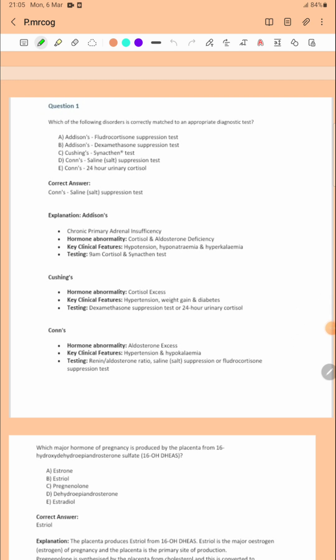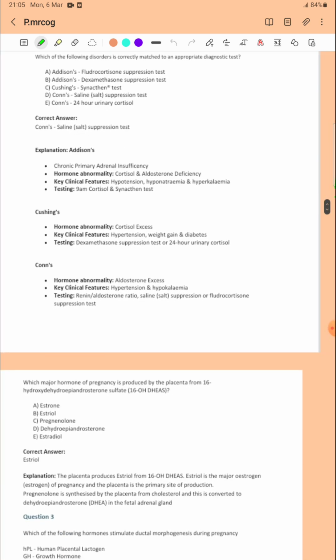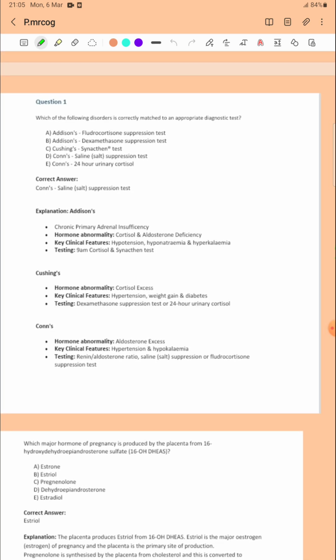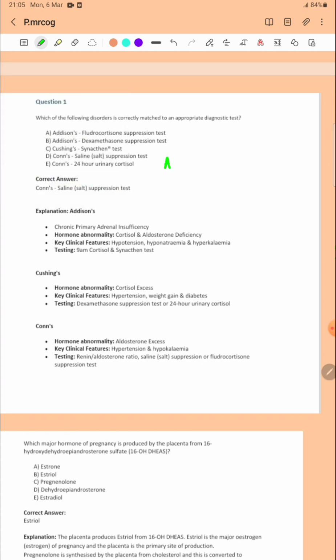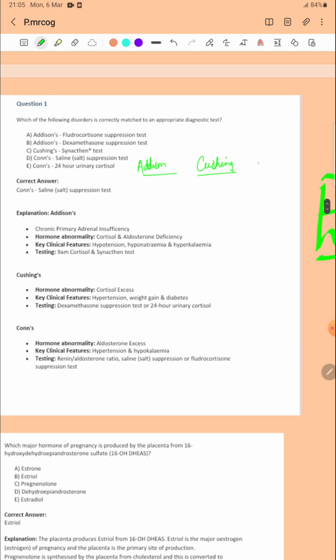So let's see a little explanation over here. There are three most important diseases according to the options given: Addison's disease, Cushing's, and Conn's disease.